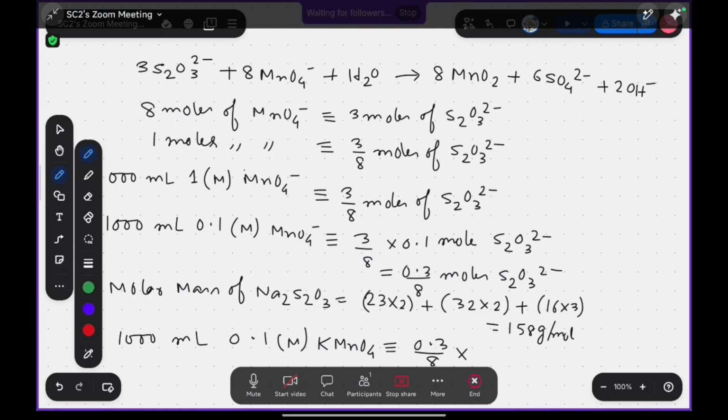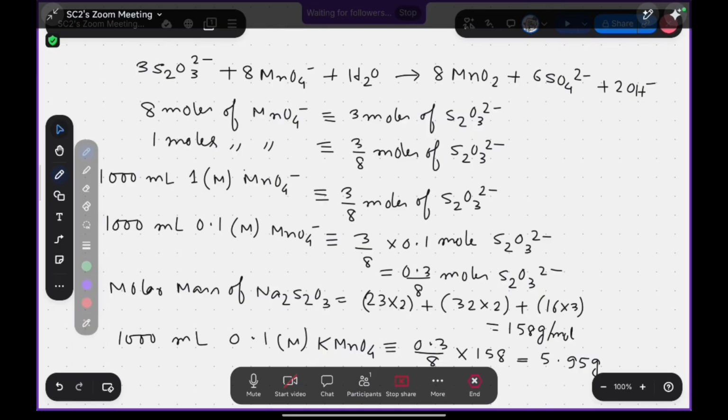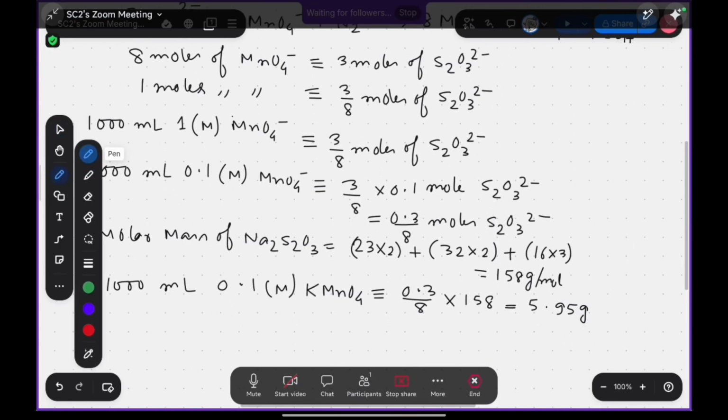So since the weight is given, I am converting the moles to the gram. So it is 0.3 by 8 into 158. If you solve this, it comes to be 5.95 gram. That means 1000 ml 0.1 molar KMnO4 reacts with 5.95 gram sodium thiosulfate.